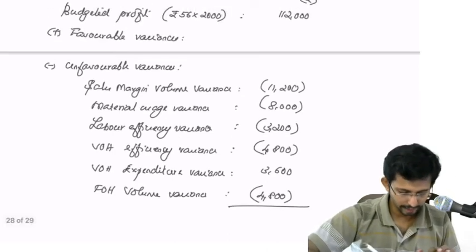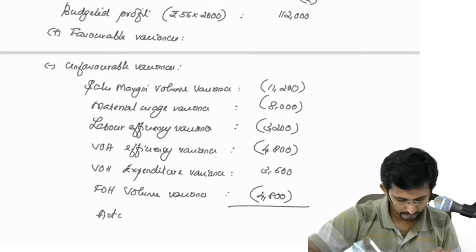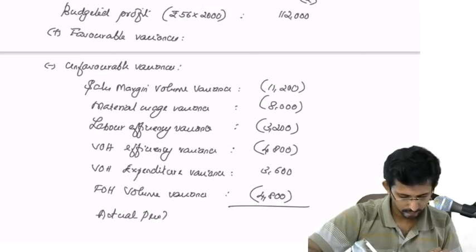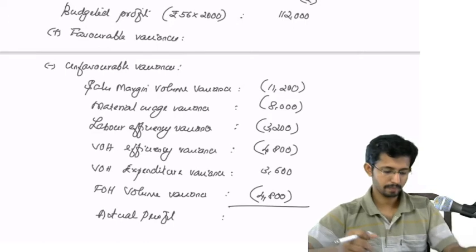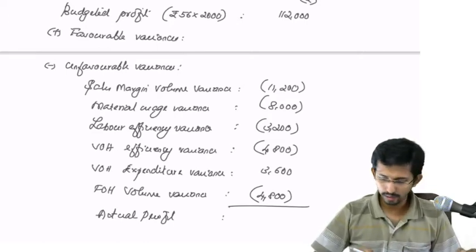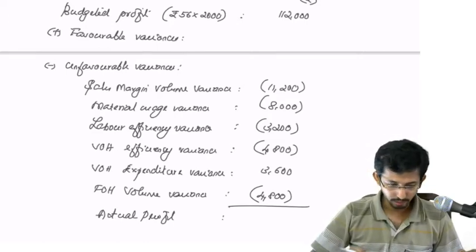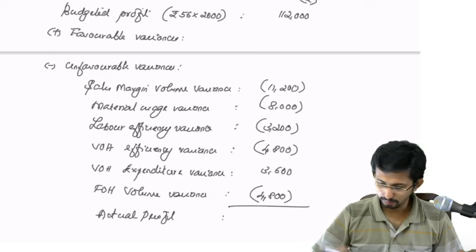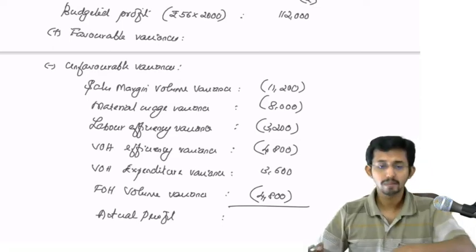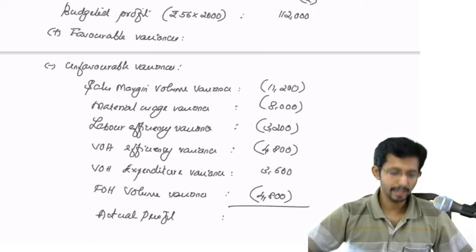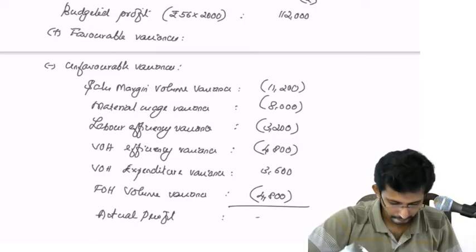Now this should get the actual profit. So how do you get that? 112,000 minus 11,200 minus 8,000 minus 3,200 minus 4,800 plus 3,600 minus 4,800. You will get the actual profit to be 83,600.